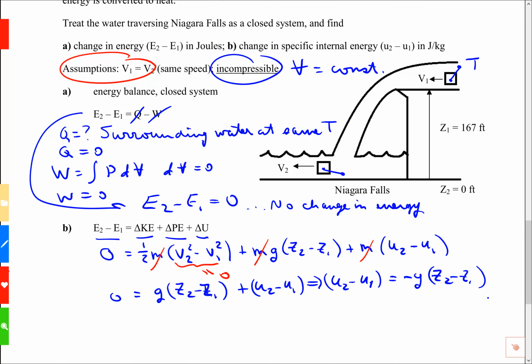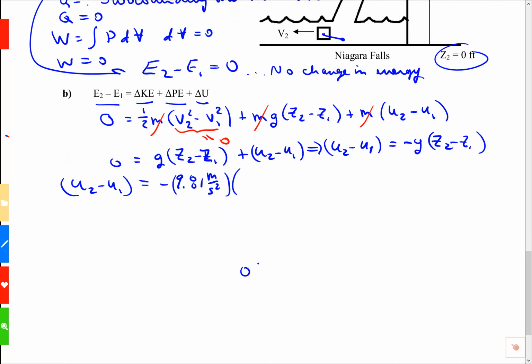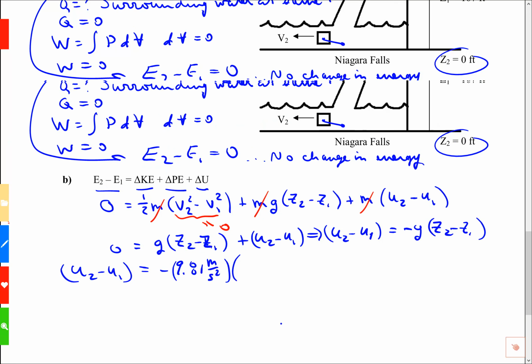We can put some numbers in. U2 minus U1 is going to be minus acceleration of gravity, which is 9.81 meters per second squared. Then I've got Z2 at the bottom is 0.